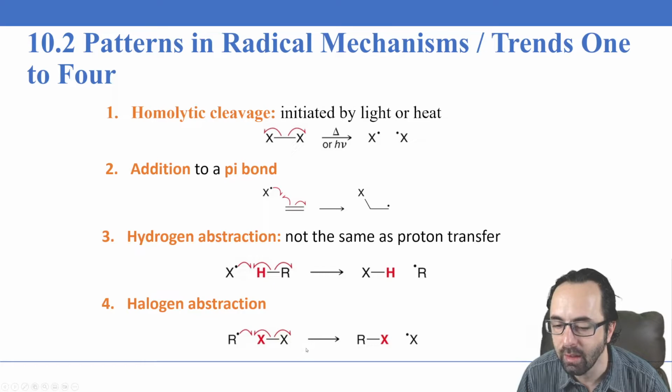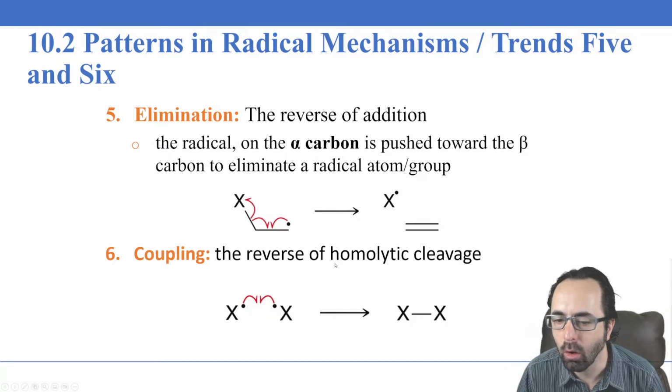These halogens tend to have bonds that will break a little bit more easily than carbon-carbon bonds. And then one electron's left behind on the other atom, leaving a radical there. Notice all of these four reactions end up producing one or more radicals, right? That's the first four. The remaining ones are going to be a little bit different.